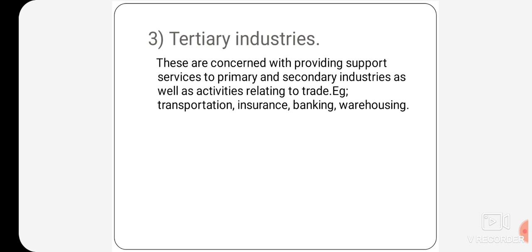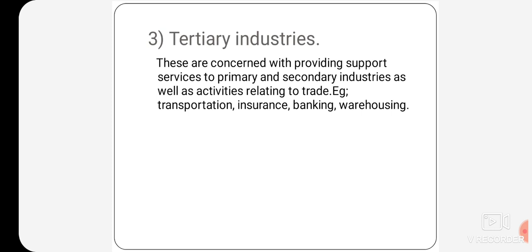So these are considered tertiary industries: banking, transportation, communication, insurance, warehousing. These we are going to study in detail in subsequent chapters. So what are tertiary industries? These industries help in the smooth conducting of business activities.